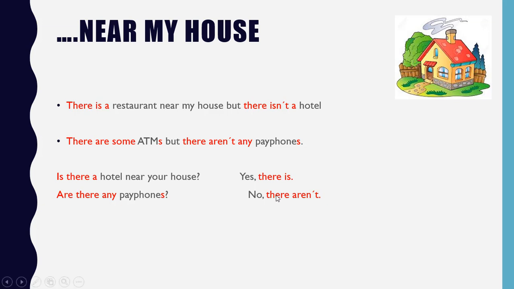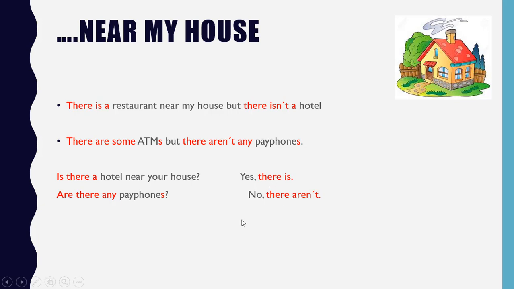And the answer is in negative, no, there aren't, because it's plural. So here we have the affirmative form, singular and plural, in this part. In the second part, the negative form, singular and plural, and the interrogative form, singular and plural, with short answers.